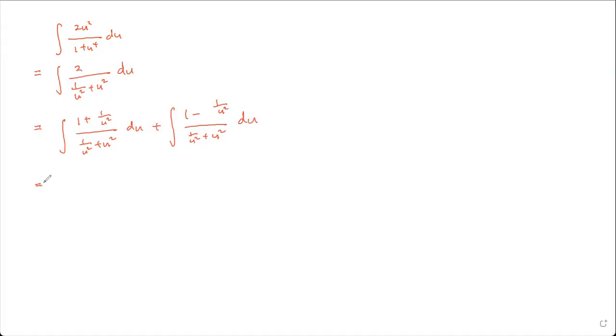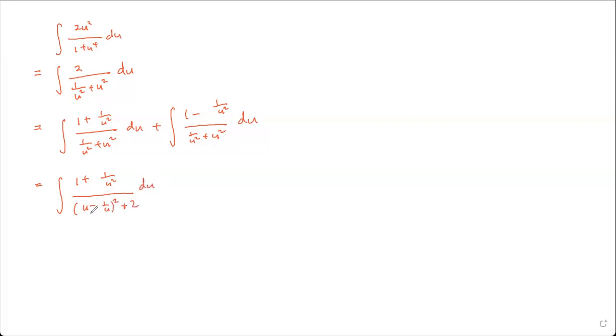So what do I do from here? I'm going to manipulate the denominator. How do I manipulate the denominator? 1 over u square plus u square is u minus 1 over u square plus 2.